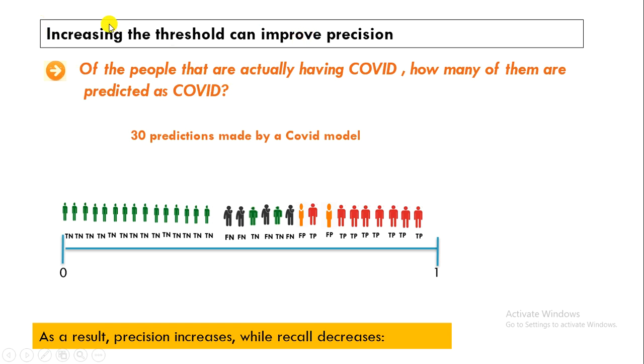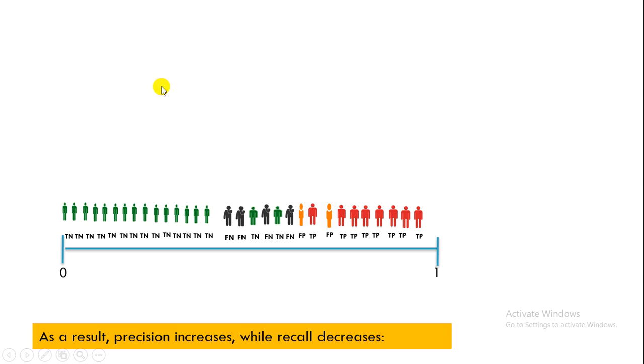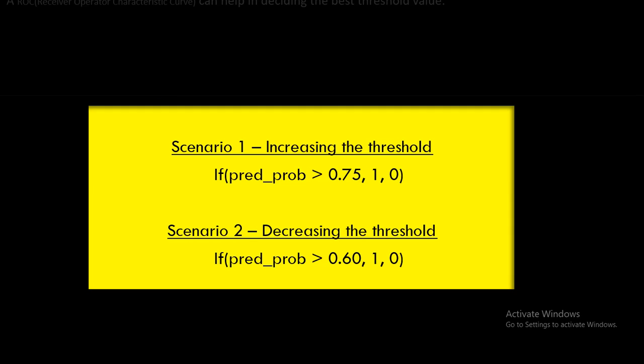First of all, let us try to understand what is threshold. See, in the case of logistic regression or any classification model, the model assigns the predicted probability to all the observations. In our case, all the 30 individuals, my model assigns the probability.